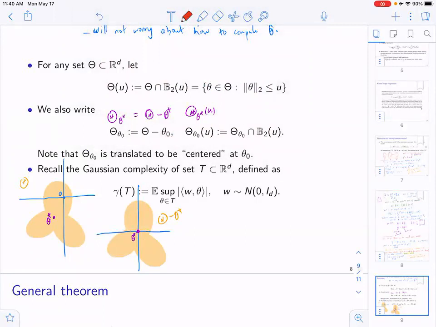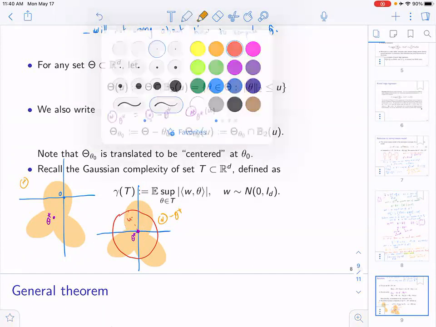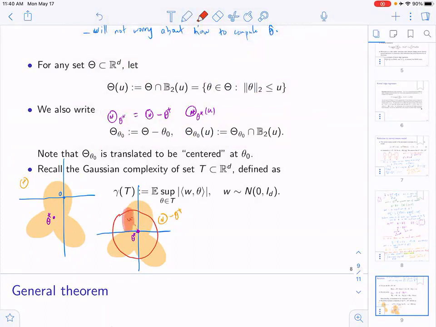So let's say a ball of radius u. The radius here is u.